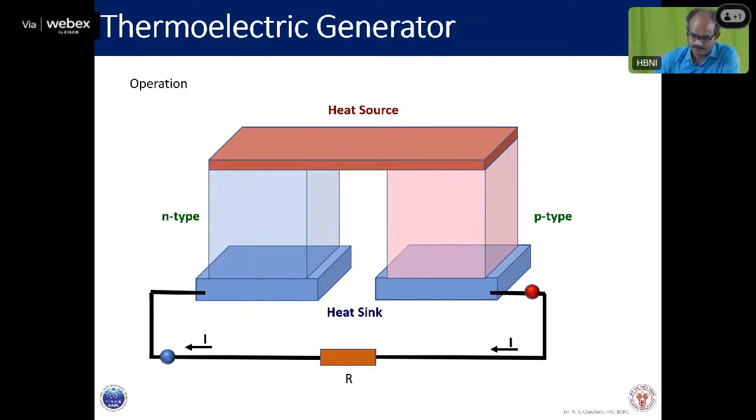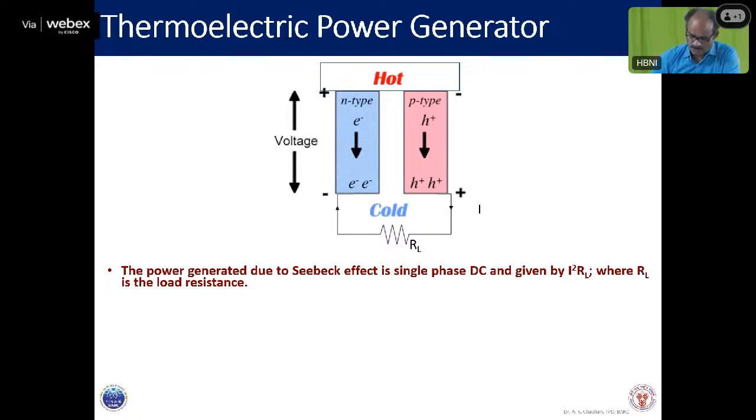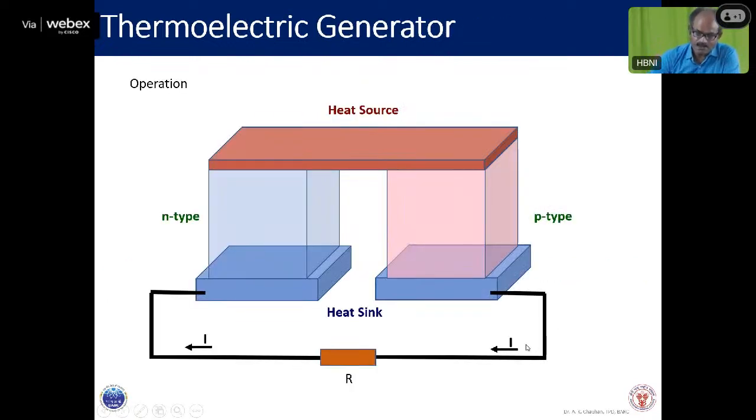Just see once again. So now this is a typical thermoelectric generator where n-type and p-type materials are joined together. That helps to add the potential or increase the potential, and at the same time you can join many such devices in parallel to increase the current.